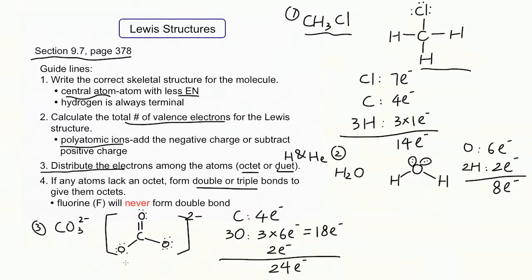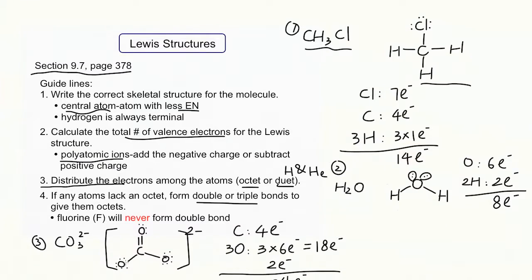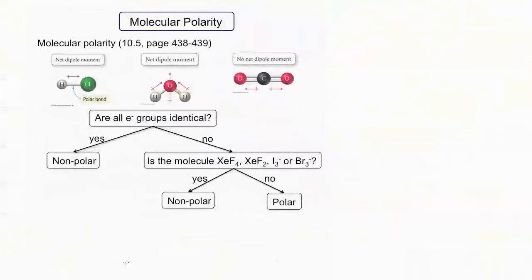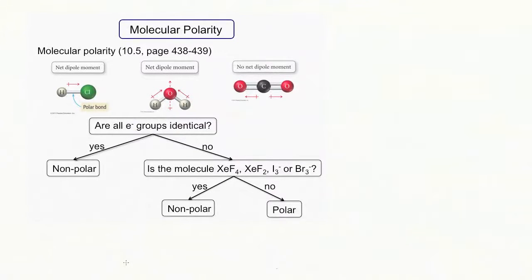Now, the third topic is the molecular polarity. And how do we find out the molecular polarity? We have 2 ways. The best way is to use the vector addition. You find out the dipole moment for each bond and then you add them together.